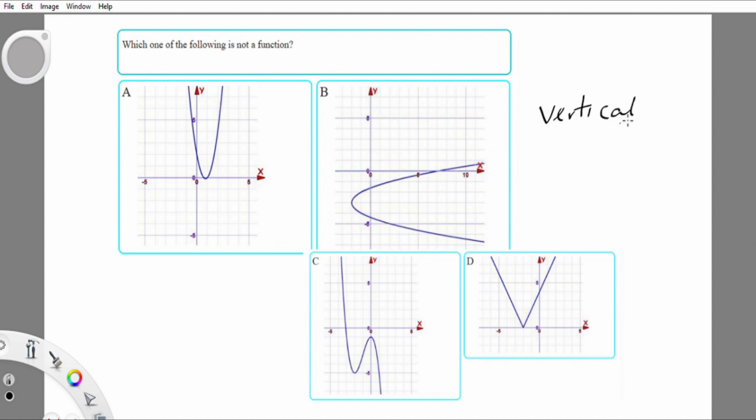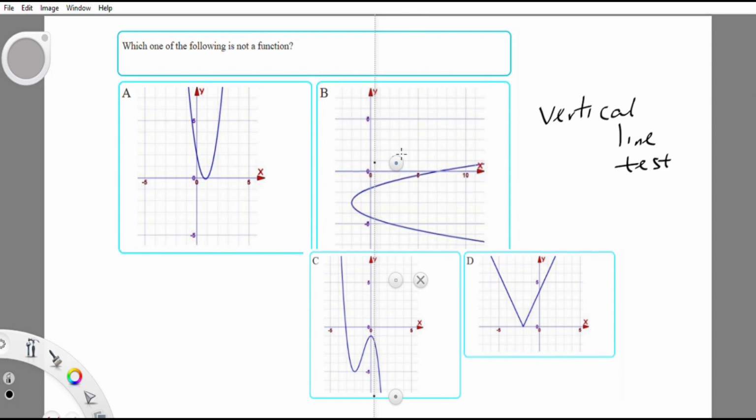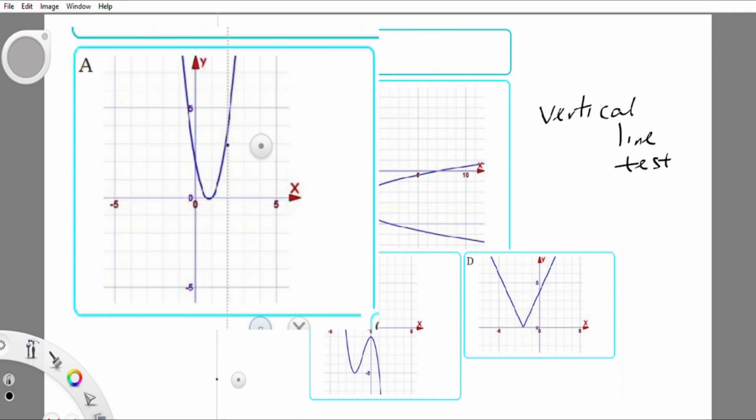The vertical line test. So I can bring out my ruler and let's start with A. Let's try and see. We can draw the line on it. Let me use a red pen.